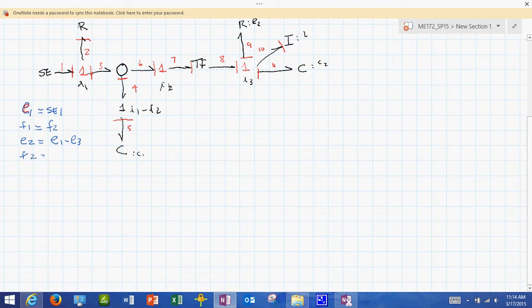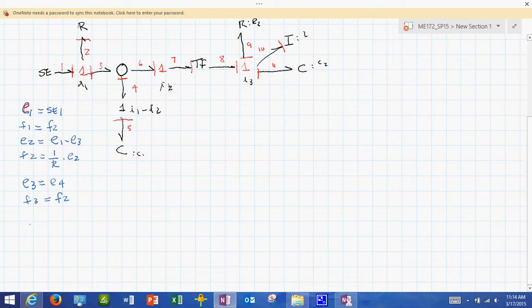F sub 2 is 1 over R times E sub 2. And then E sub 3 is going to be equal to E sub 4 because of the 0 junction. And F sub 3 is F sub 2.